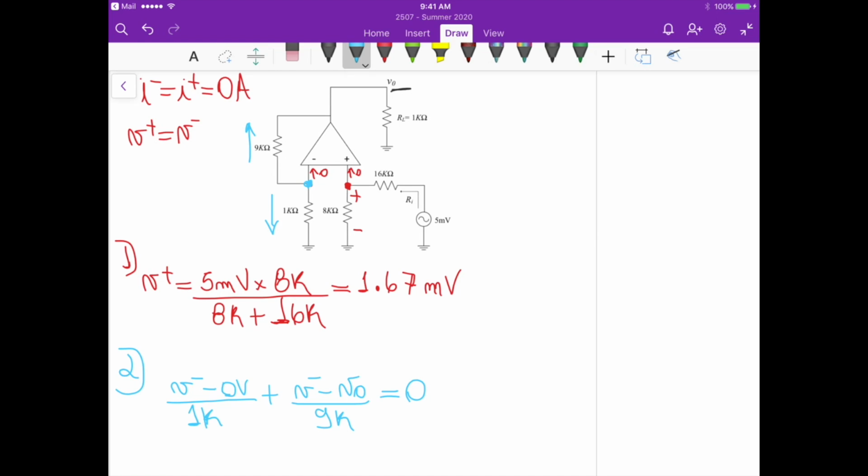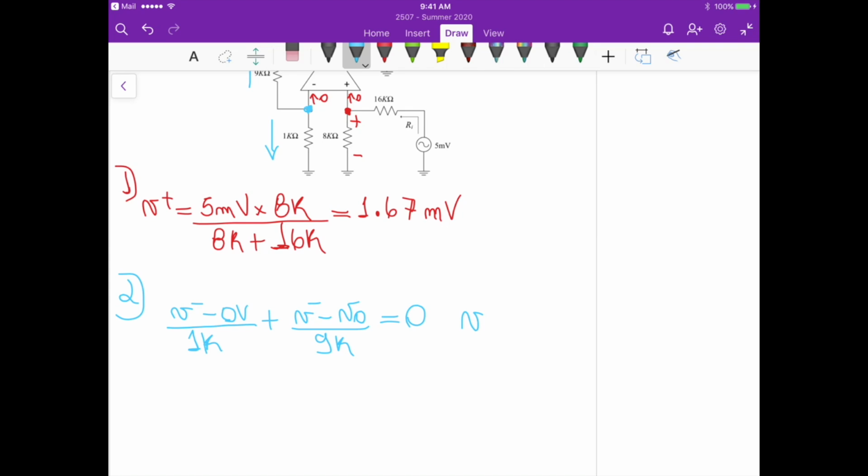Now we know that V minus is equal to V plus, okay? If we substitute this into this equation here, we get that V plus times 1 over 1K plus 1 over 9K is equal to V out over 9K.